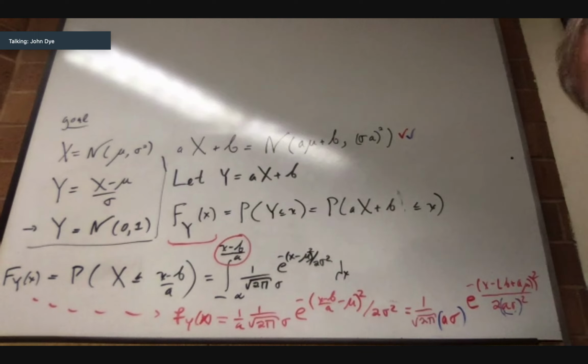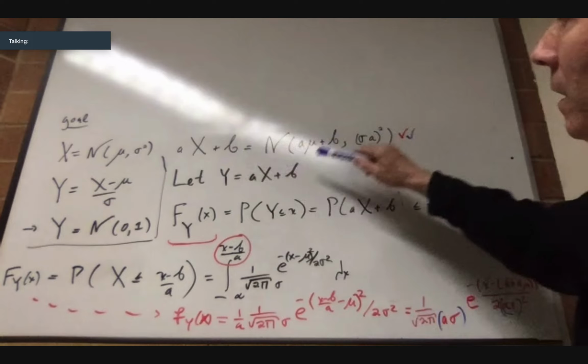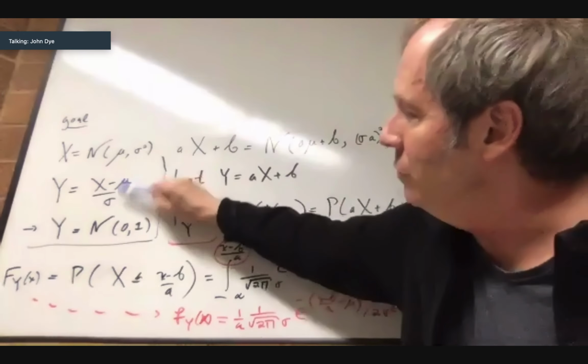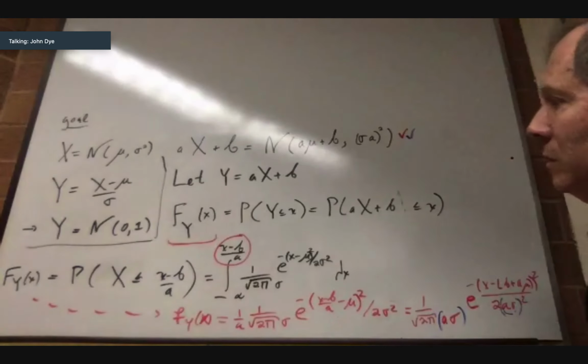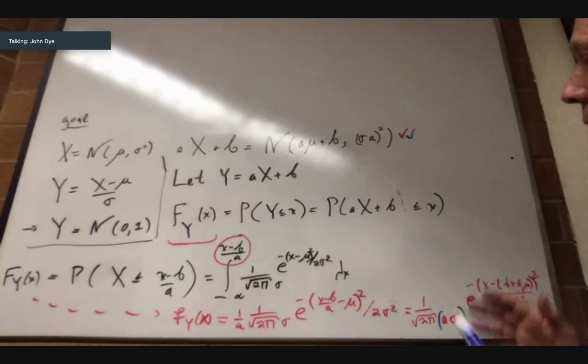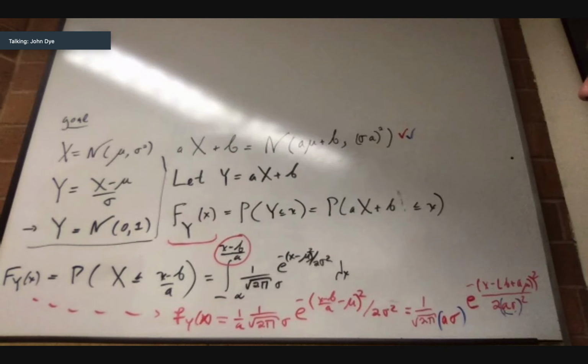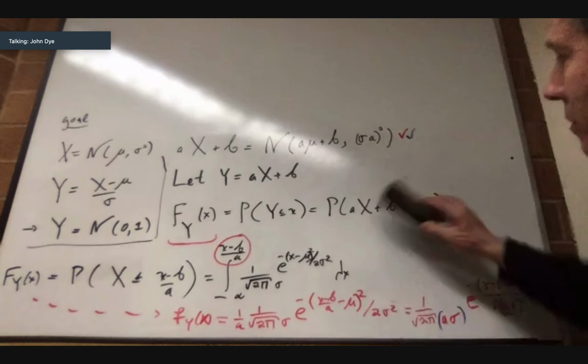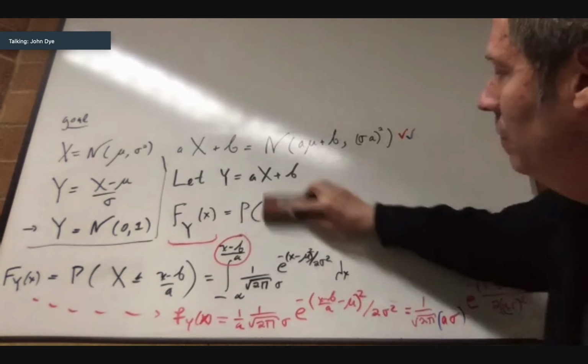Okay, so assuming that you believe this result now, then how do we get this result right here? So let's think about this. If we look at y, I don't know where to put this. I don't want to erase something in case somebody asks a question. I think I can erase this. This was the start of the proof that was easy.